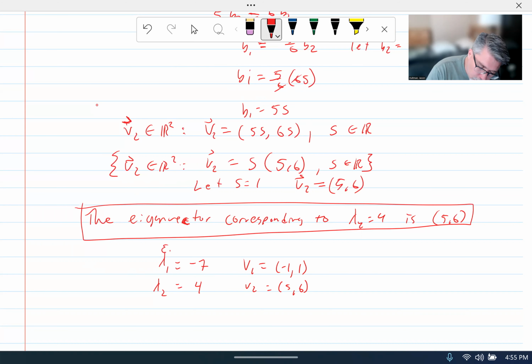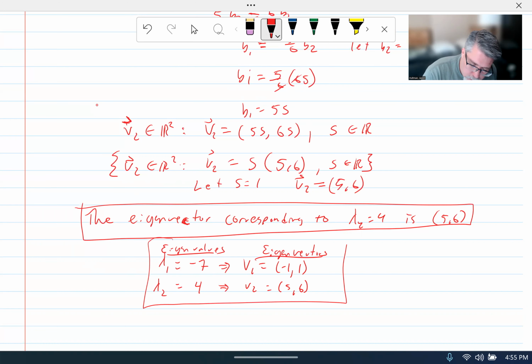So we've got eigenvalues and the corresponding eigenvectors. Yeah, good stuff.